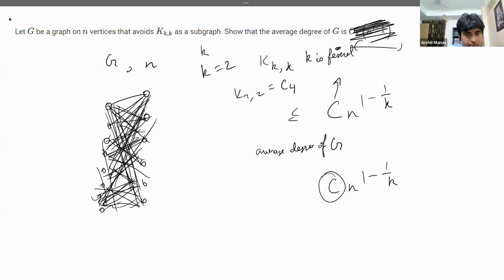Okay, so if you had to find K comma K, how would you do it? What are some possible strategies? Let's say I give you a graph and I ask you, is there a K comma K in this? How would you go about finding it?